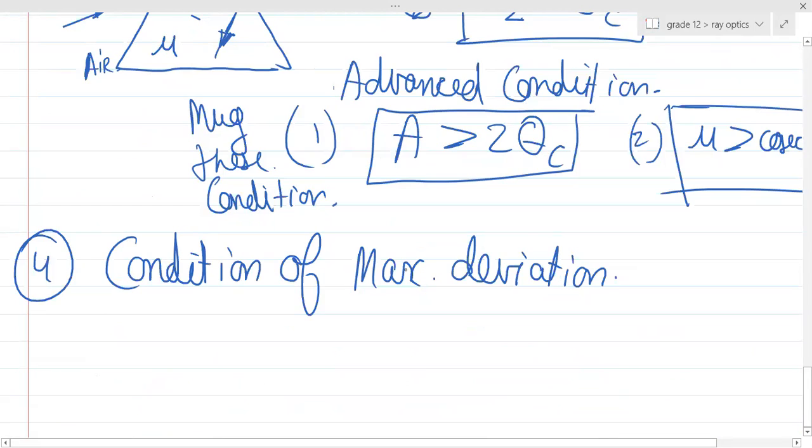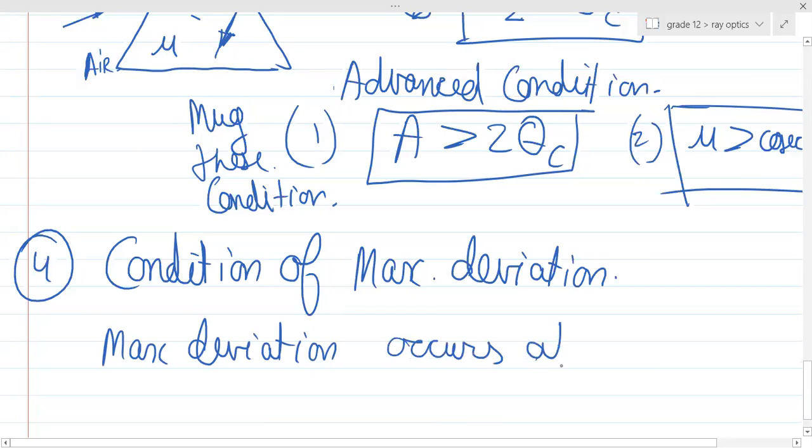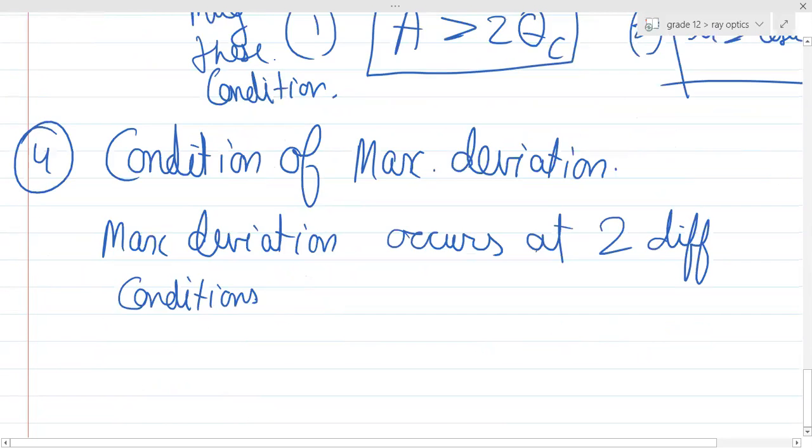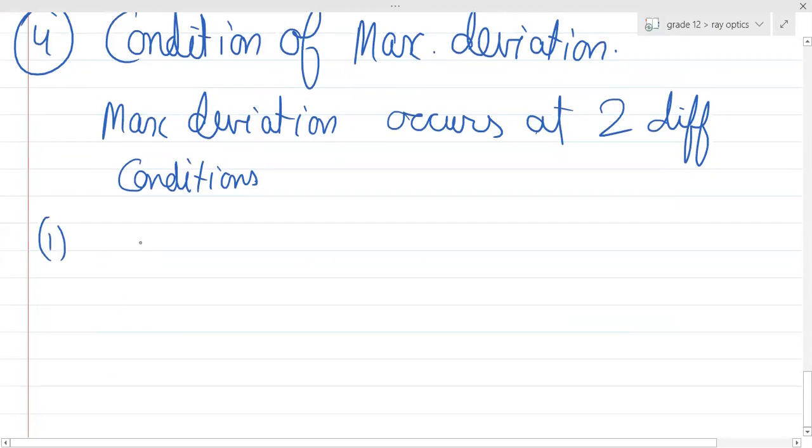Always remember, maximum deviation occurs at two different points, two different conditions. First, we have already discussed those conditions.